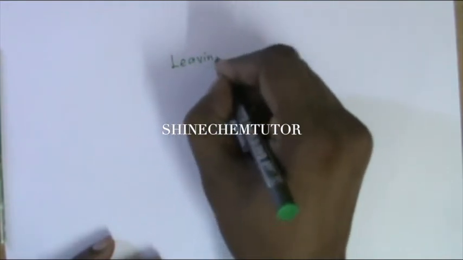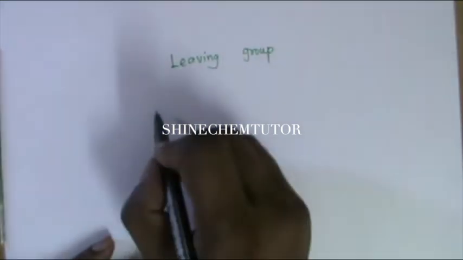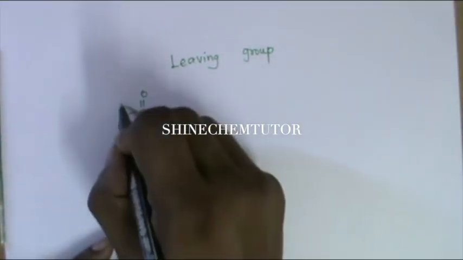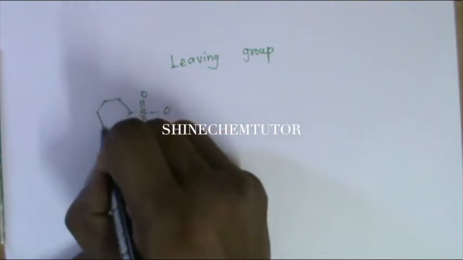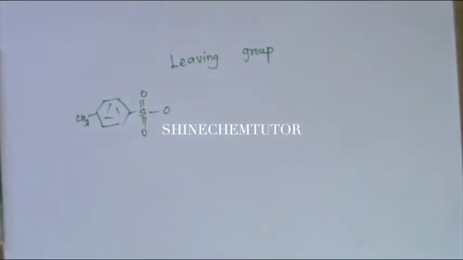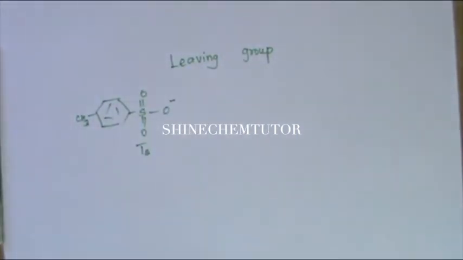Third point, it is leaving group. You may know that sulfonates like tosylate are better leaving groups. Say like this. This is called tosylate, TS.